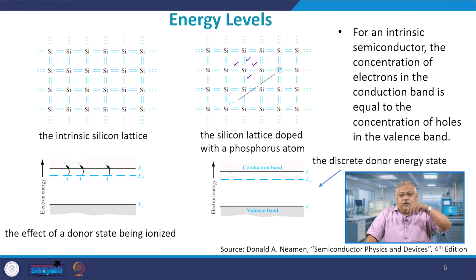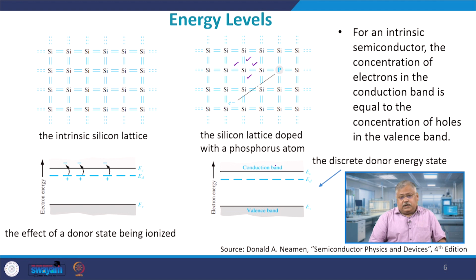Once you dope it with an external element, say phosphorus, which is a group 5 element, it removes one of the silicon, places itself there, and combines with the nearest silicon neighbors, but then it has one extra electron which it leaves apart. And if there are 100 such phosphorus atoms per centimeter cube, you will have 100 such electrons introduced. This is what is known as silicon doped with phosphorus atoms.